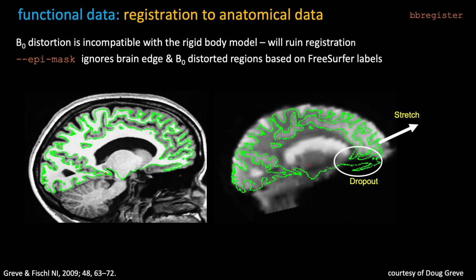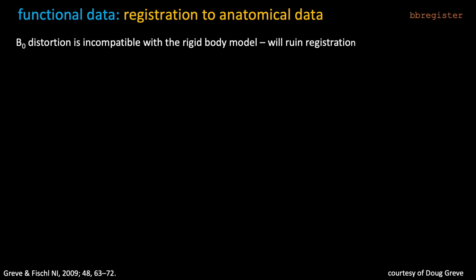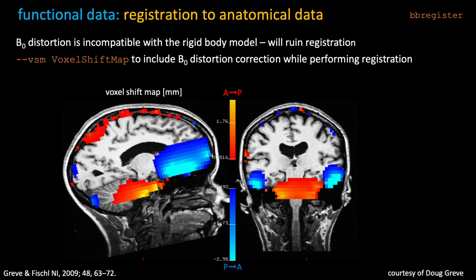But I just recently learned that there's also another way of doing that I also wasn't aware of, or maybe it's just a new feature. You can pass a voxel shift map to BB Register. So you can generate this voxel shift map, for example, from the B0 map acquired separately. And that should make BB Register actually include the distortion correction in the registration process.